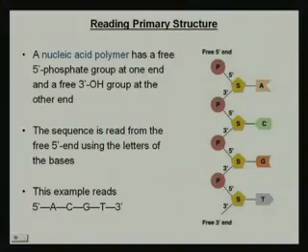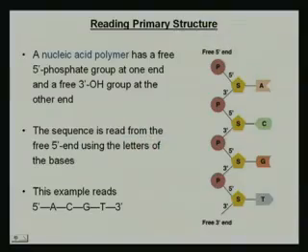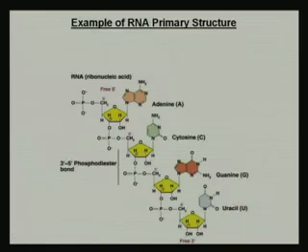Here the similar thing is happening with this primary structure, where you can see that one nucleotide is getting attached to another nucleotide with the third carbon of this pentose sugar, and the phosphate group is being linked up and the chain is getting increased, and that way the primary structure of this nucleic acid is formed.